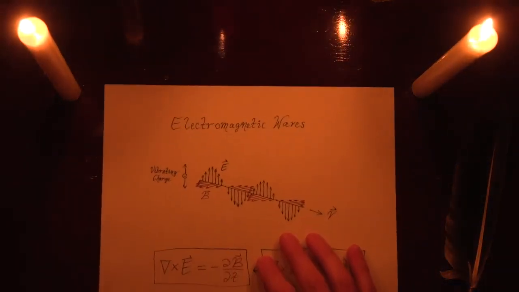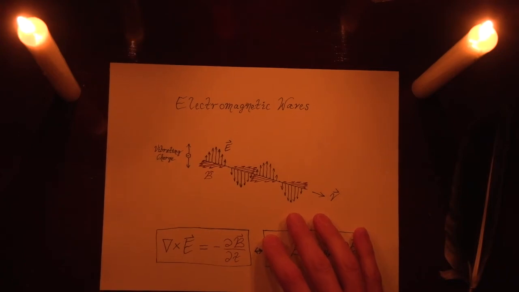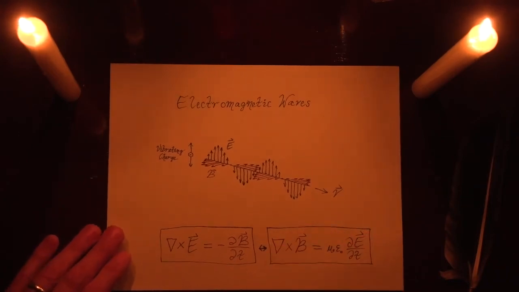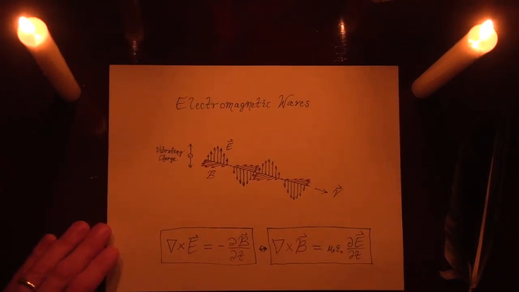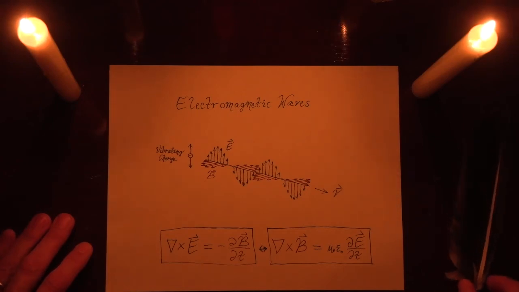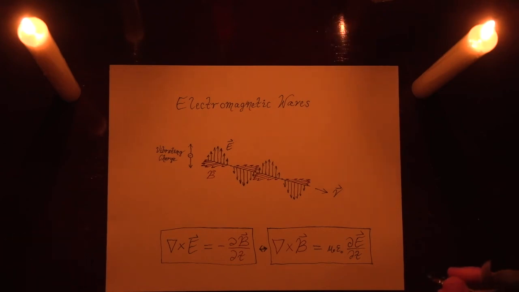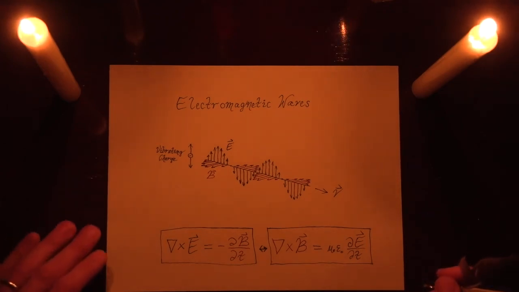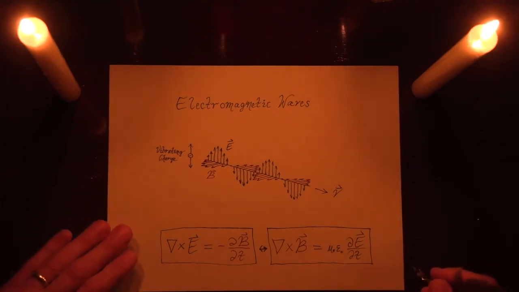So right from the start, Maxwell discovered or realized that his theory answered an age-old question, a centuries-old question that had been bothering physicists. Specifically, what was light? And Maxwell finally understood that light was nothing more than vibrating electric and magnetic fields.